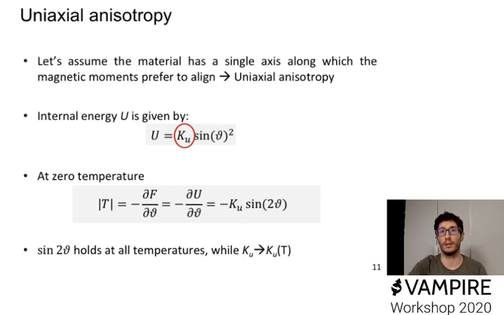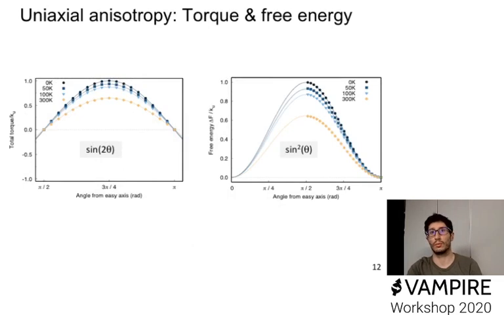So if we have a uniaxial system, then what can we have as a result? Well, if we run the simulation with Vampire, here on the left we see a graph with the angular dependence of the internal torque, where we can see this is a uniaxial system, so the torque follows the minus sine of 2 theta relationship, and we just see half of the curve.